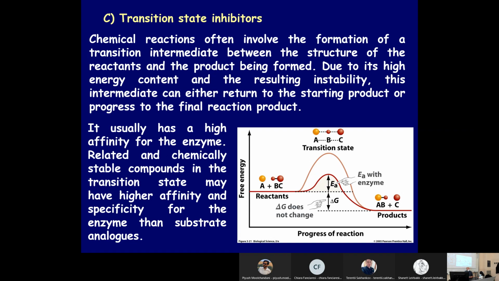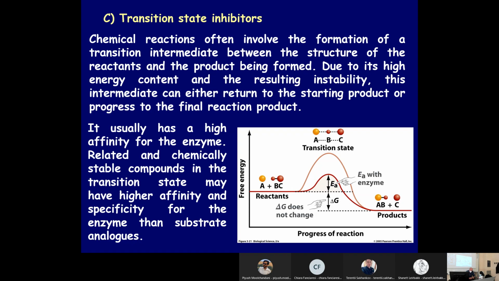There is another important point. When we want to design new inhibitors of a particular enzyme, how can we know the starting point, how can we know the chemical structure, how can we design particular inhibitors of a particular enzyme?